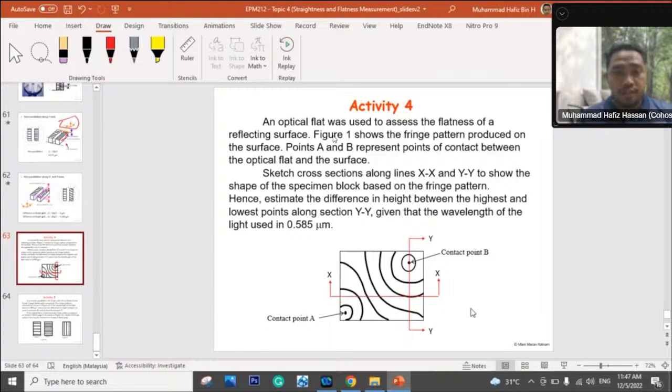For the x cross section, it might be different, of course. In this case, they want to know about the section YY. In the XX cross section, the fringes involved are fringe number 1, 2, 3, and then one, two, three. So it depends. I will show you.